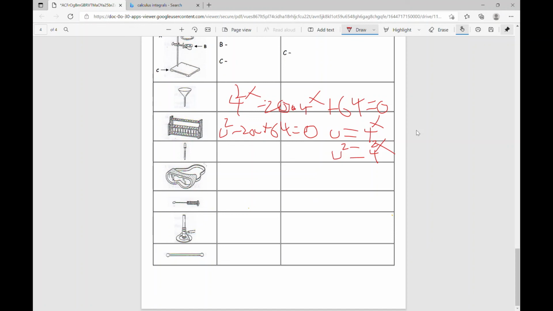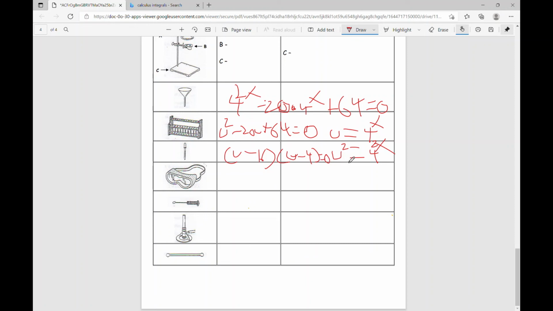That's why you should use substitution whenever the first exponent is twice the value of the middle term exponent. So, two numbers that multiply to 64 and that add to negative 20 are negative 16 and negative 4. So it's going to be u minus 16 times u minus 4 is equal to 0.